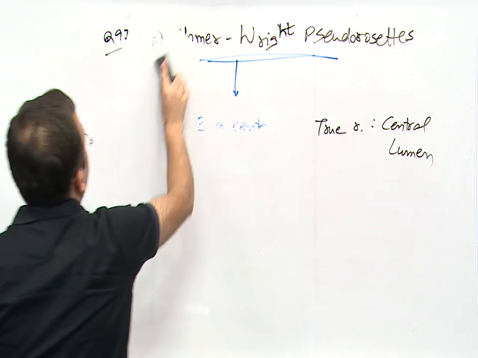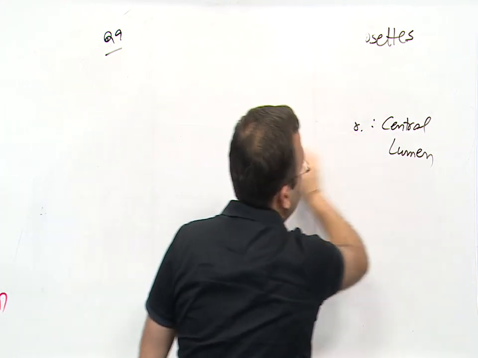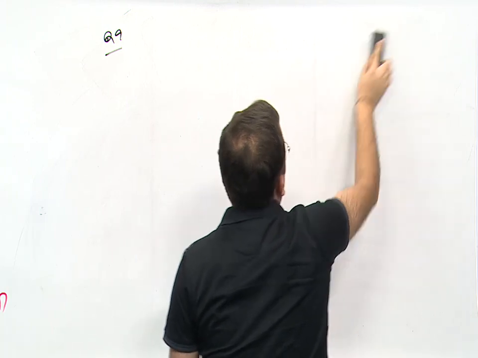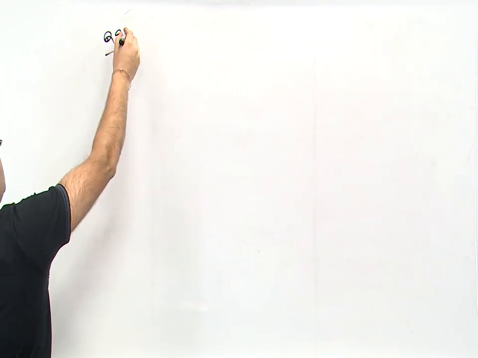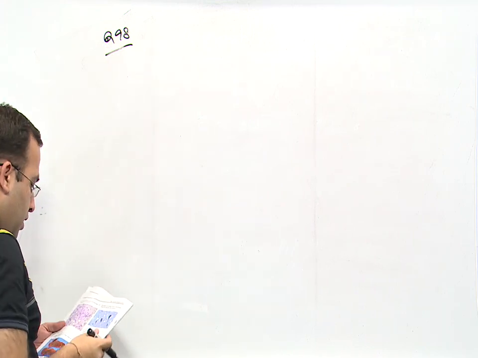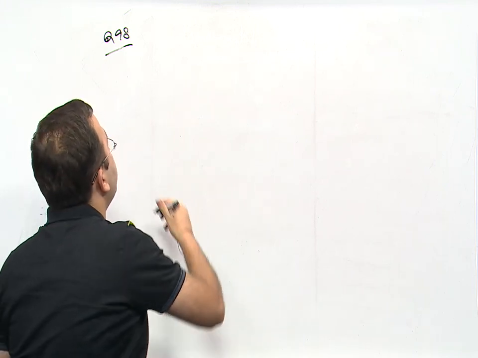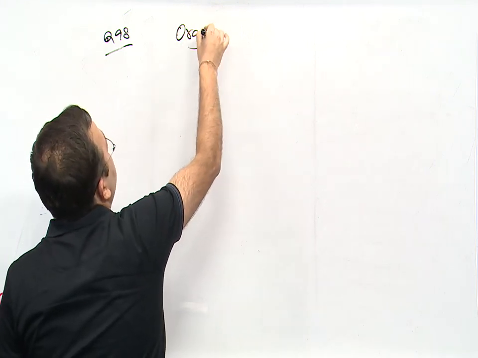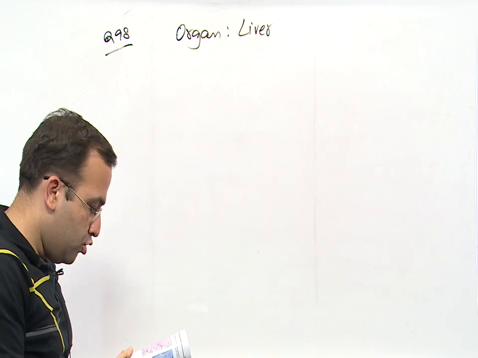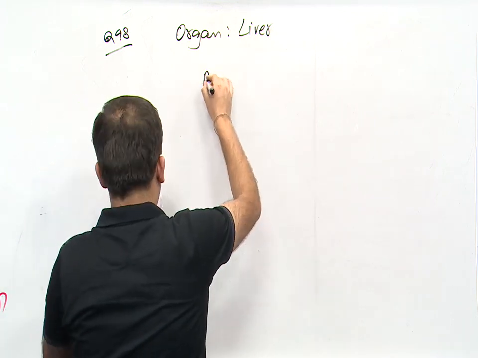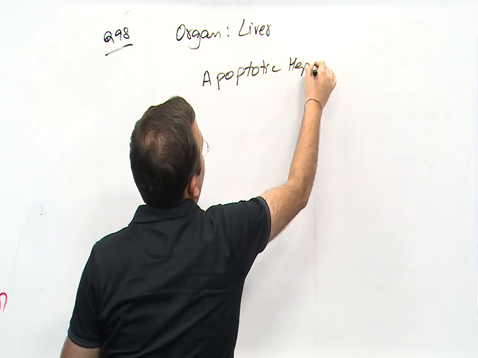Question 98. Again, recognize the parent organ first. The organ that you have in this is the liver. The arrow is showing an apoptotic hepatocyte.